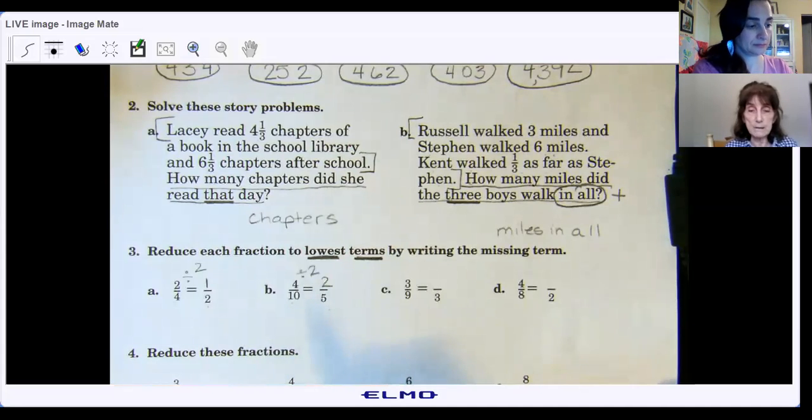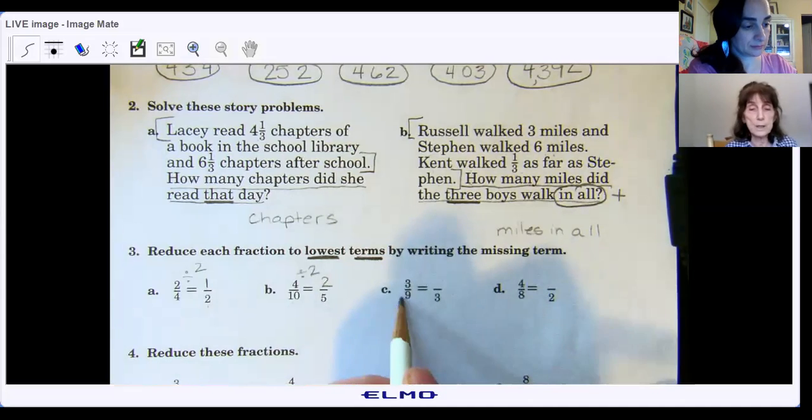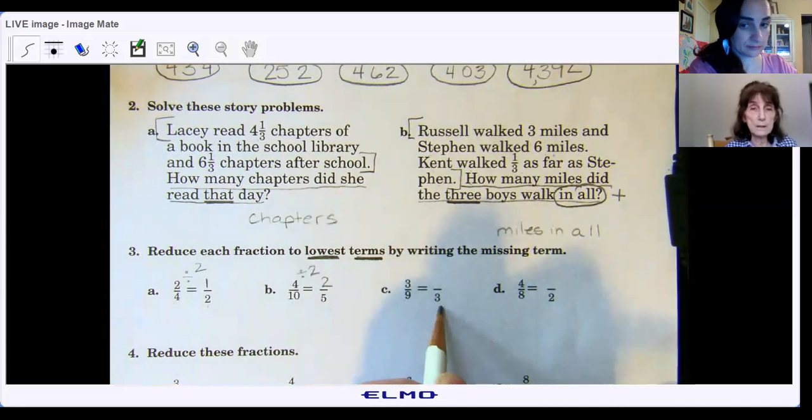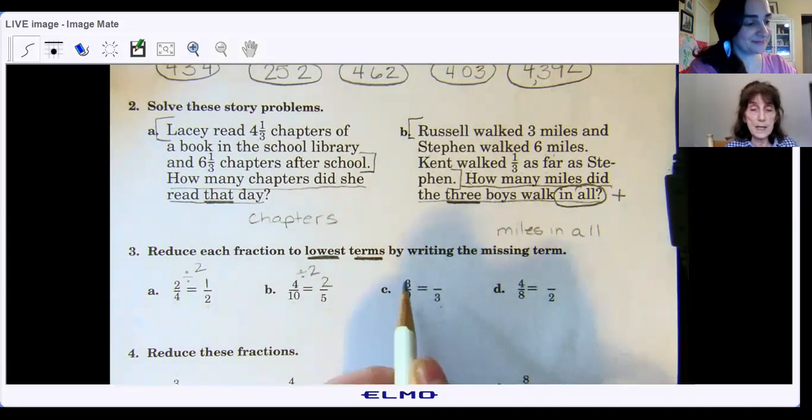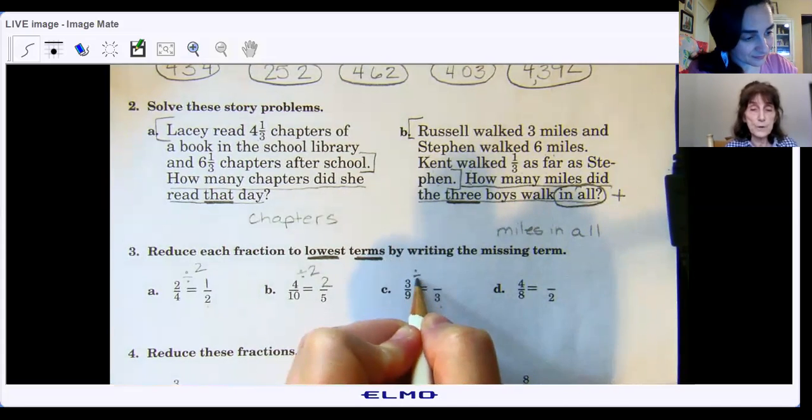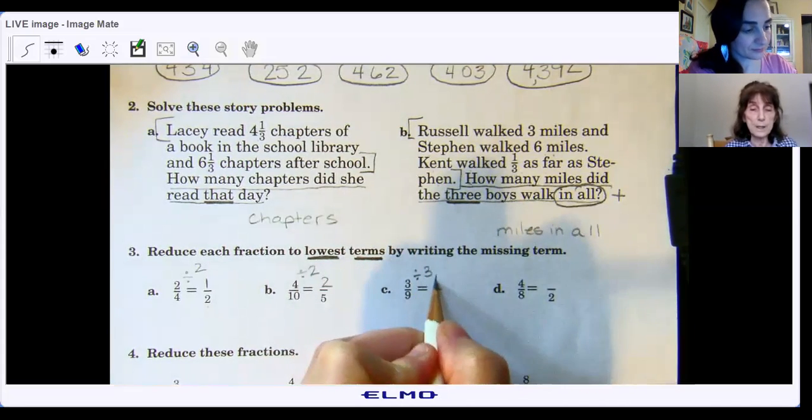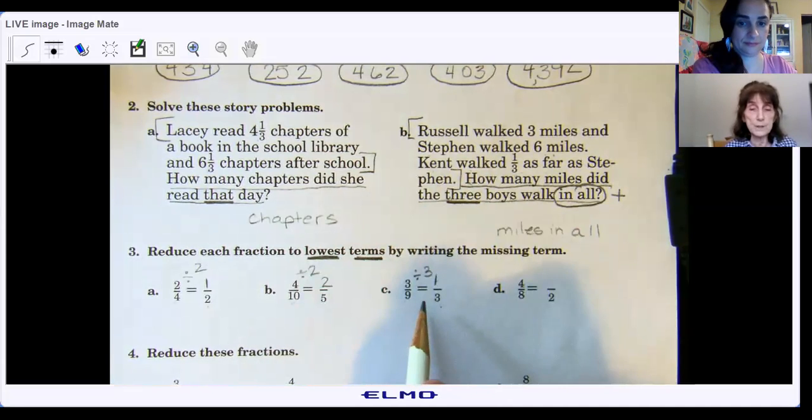Let's just see. 3/9. What number will divide evenly into 3 and into 9? Okay, or you can say, what did I divide 9 by to get 3? See how important your multiplication tables are. All right, so the answer is 3. 3 divided by 3 is 1, and 9 divided by 3 is 3. So your answer is 1/3.